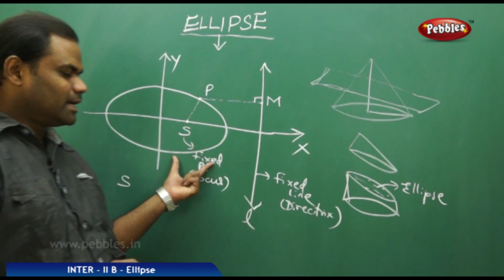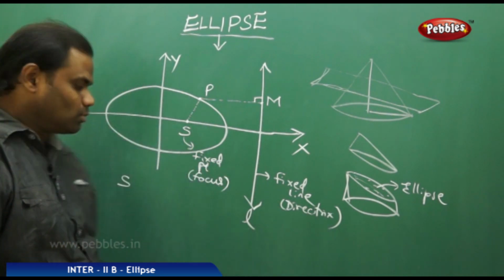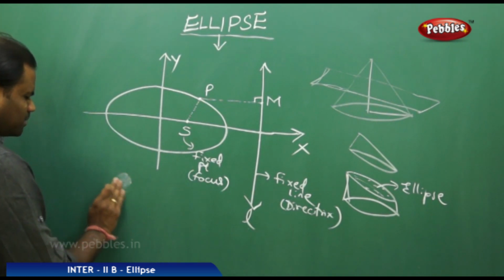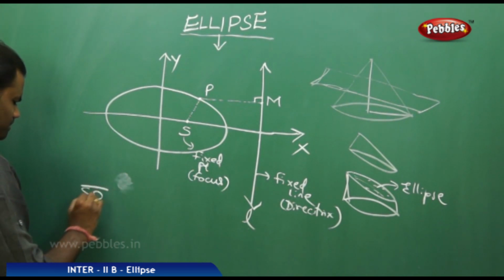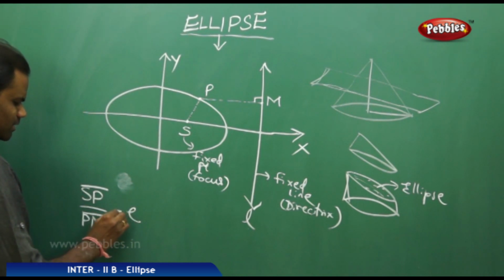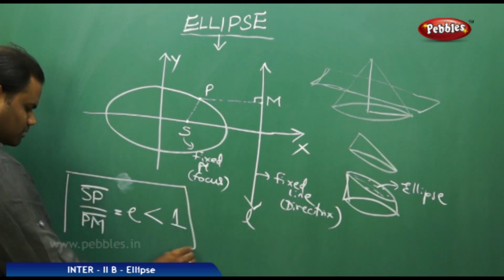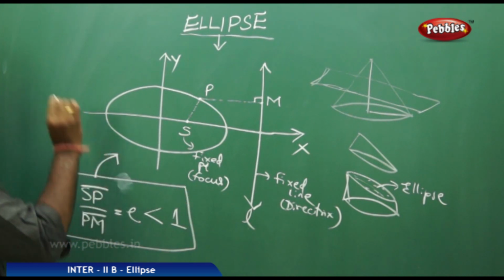The fixed point S and the fixed line L generate the ellipse, provided that SP by PM, which is denoted by eccentricity E, is less than 1. That's how we define the ellipse.